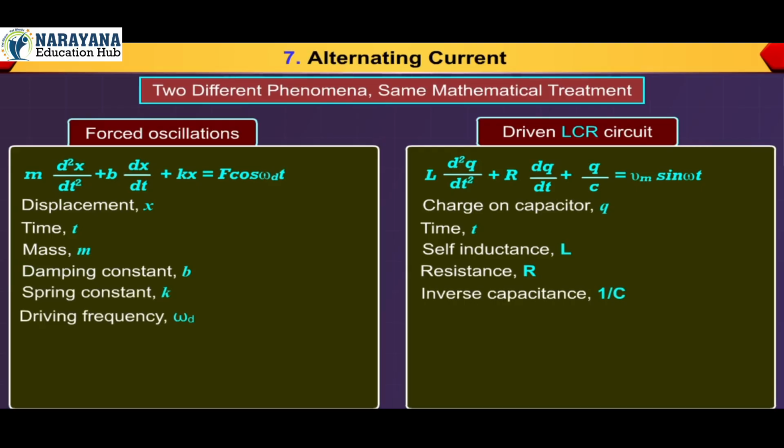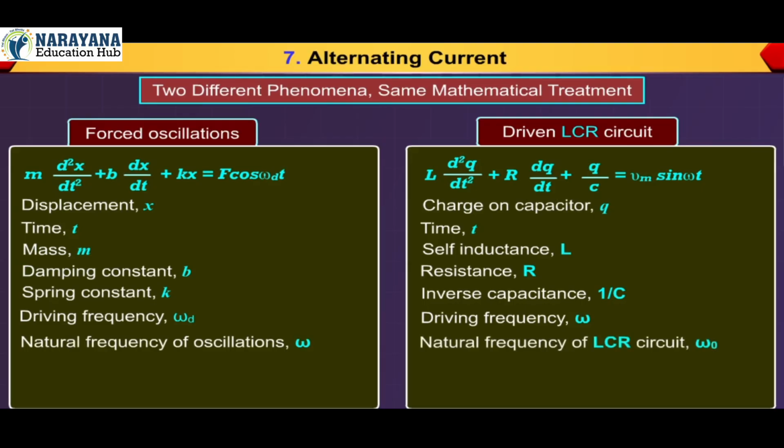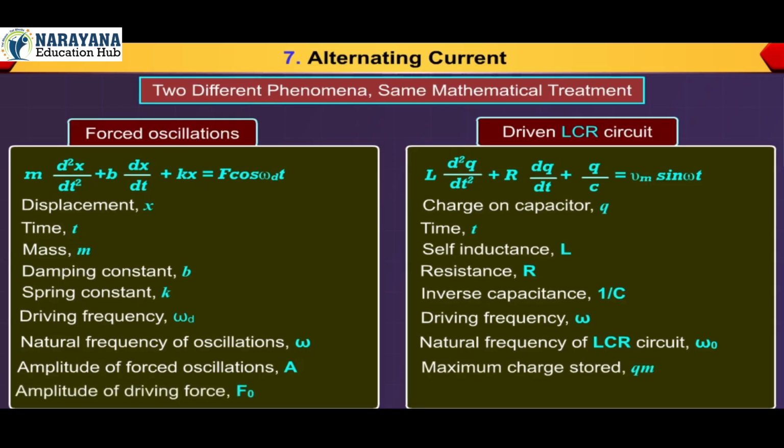Driving frequency ωd, driving frequency ω. Natural frequency of oscillations ω0, natural frequency of LCR circuit ω0. Amplitude of forced oscillations A, maximum charge stored Qm. Amplitude of driving force F0, amplitude of applied voltage Vm.